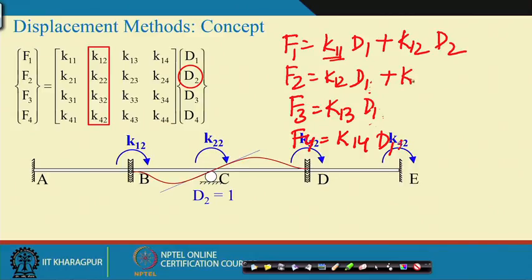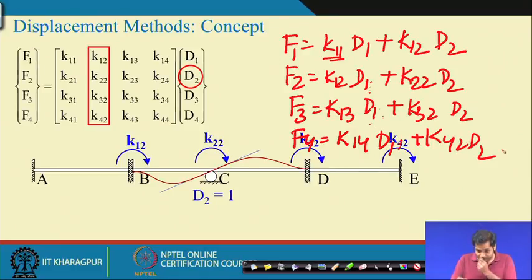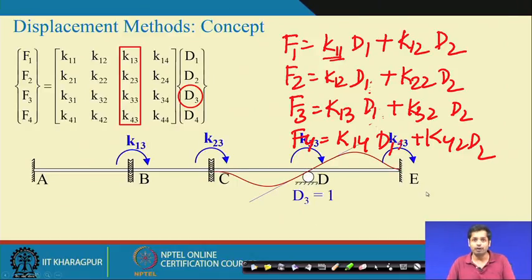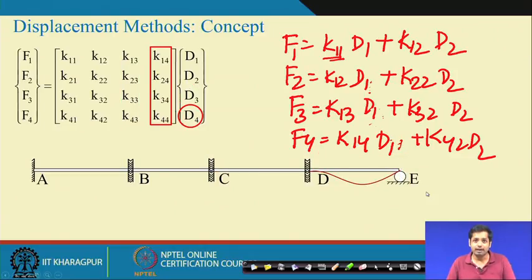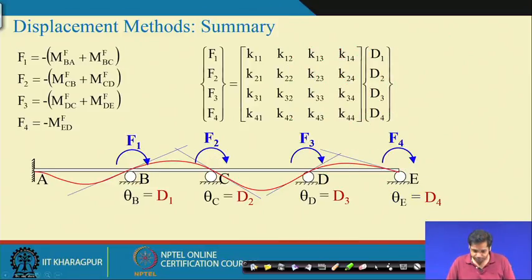Similarly, this becomes K22 into D2 plus K32 into D2 plus K42 into D2. So, this is the contribution for D1, this is the contribution for D2, and similarly for D3 with unit rotation, and if we apply unit rotation at E, then this will be the contribution for D4. And then finally, we have an equation like this.